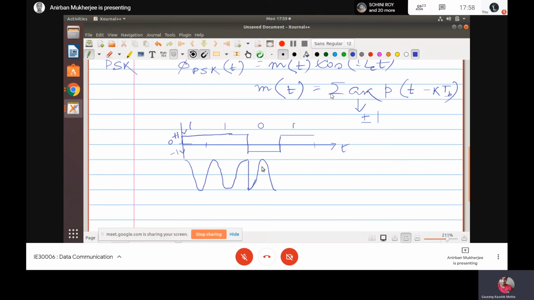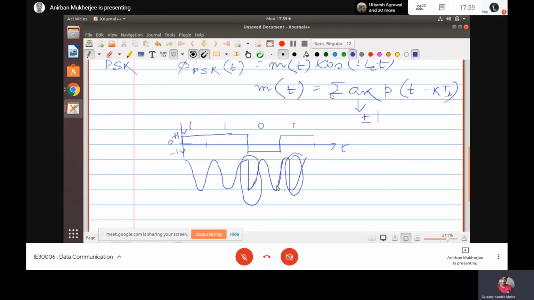Do you agree? This is a minus cos. And at this point again it is 1. So you see there is a transition.